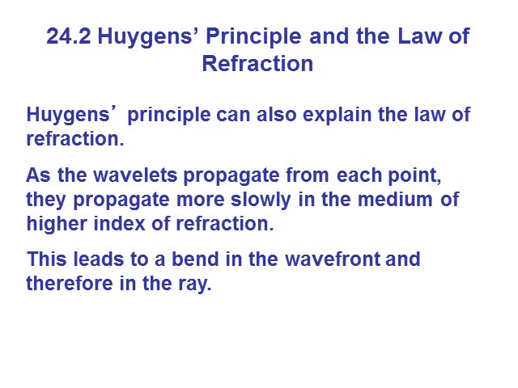So as you look at Huygens principle and apply it to the law of refraction, it explains the law of refraction, right? If you think of each of these little wavelets, these little waves that are propagated from each new point in a wavefront, the ones that hit the new medium first, as they come in at an angle, are going to slow down first, and that will cause the entire wave front to bend.